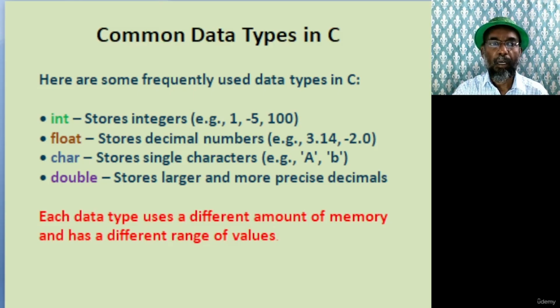Fourth, double, like float, but more precise and uses more memory. Each data type has its size, its limits, and its purpose. Choosing the right one is like choosing the right tool for a job. Critical to writing clean, efficient code.